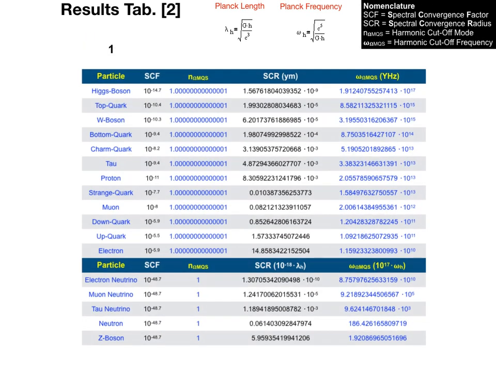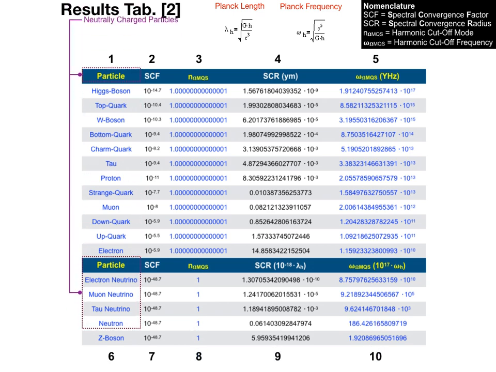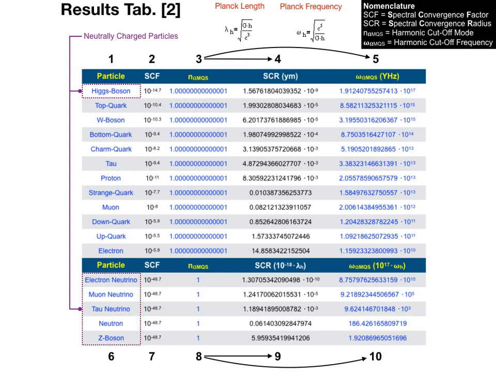In Table 2, we lay out the solution algorithm in numerical terms via 10 columns of information. Columns 2 and 7 denote the spectral convergence factor, columns 3 and 8 denote the harmonic cutoff mode, columns 4 and 9 denote the spectral convergence radius, and columns 5 and 10 denote the harmonic cutoff frequency.